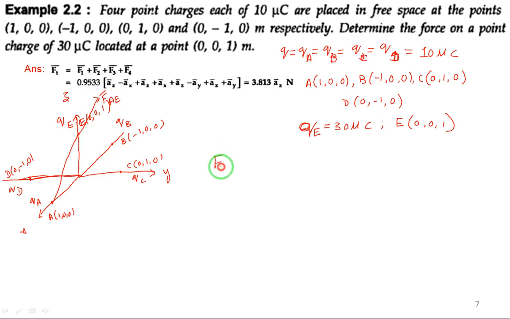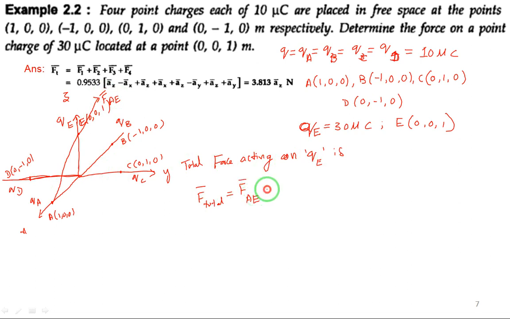So the total force acting on, or experienced by, QE is given by F total equals the force due to charge A on E, FAE.